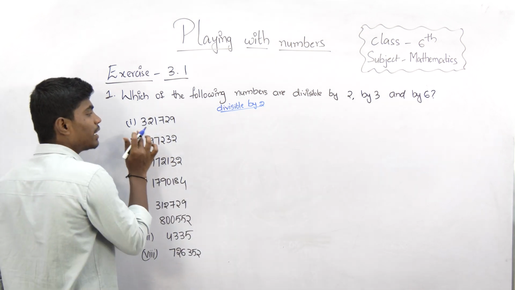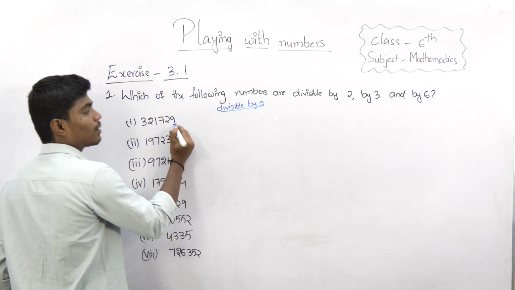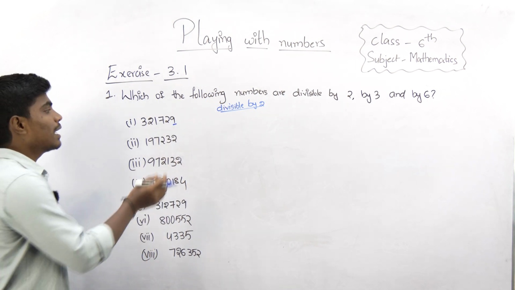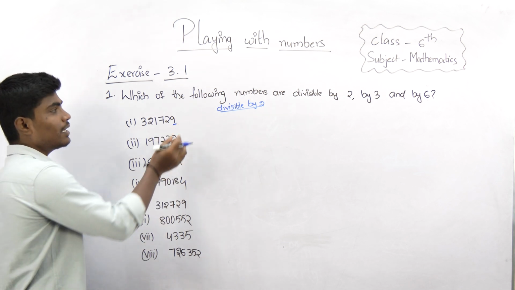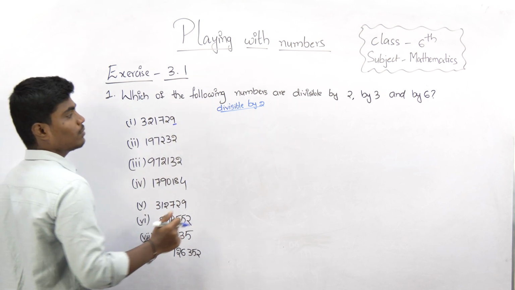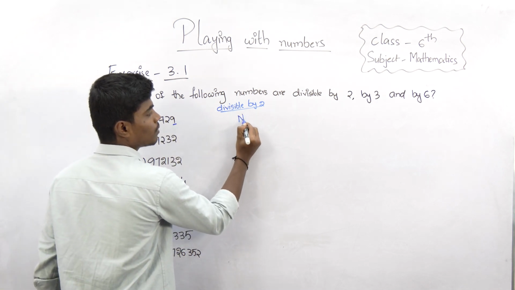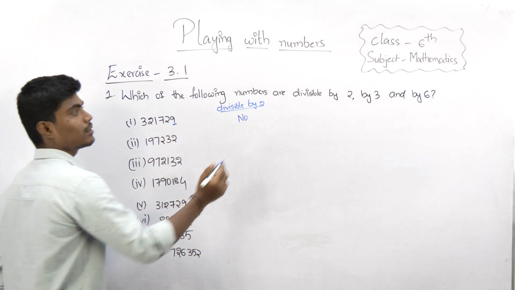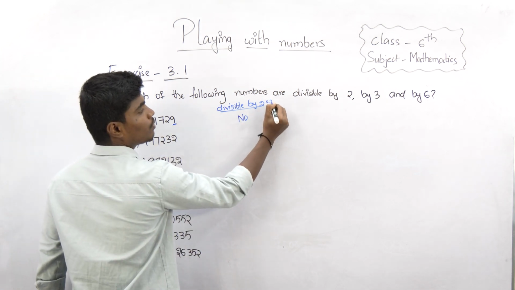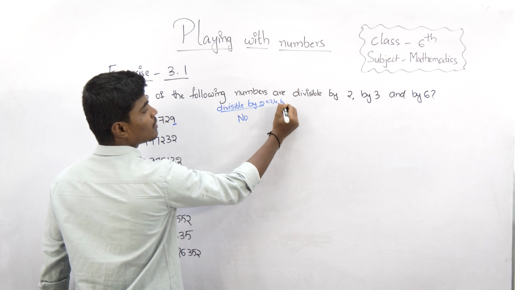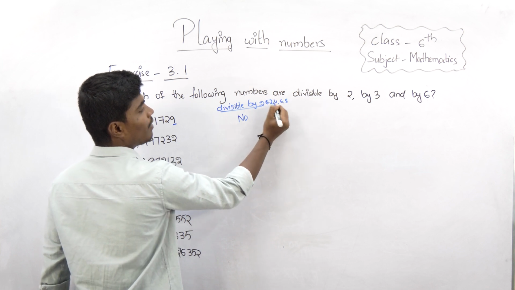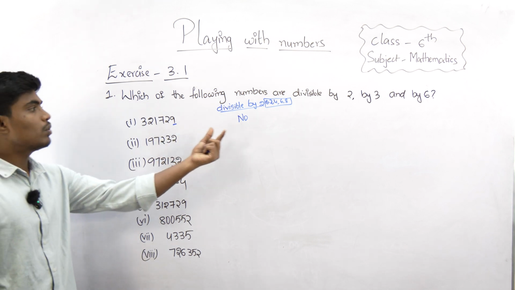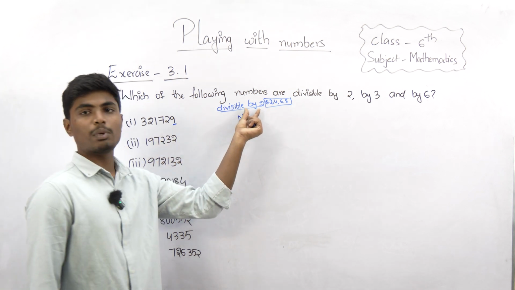Here in the first number, the digit in the ones place is 9. 9 is not divisible by 2, so no. We need 0, 2, 4, 6 or 8 in the ones place.